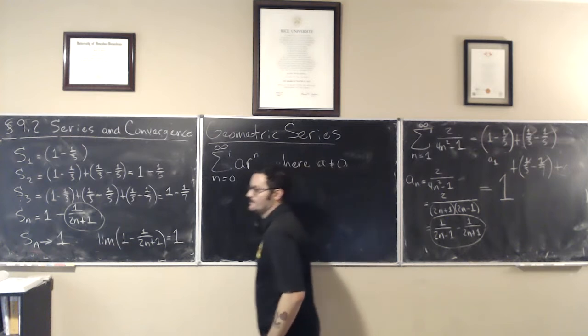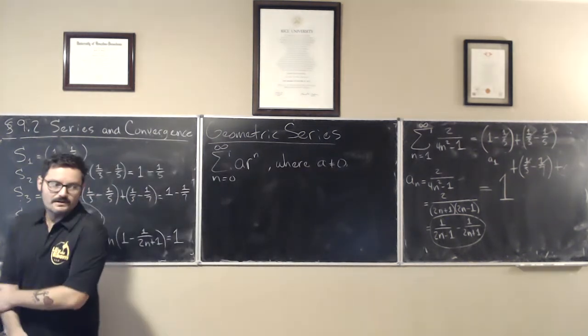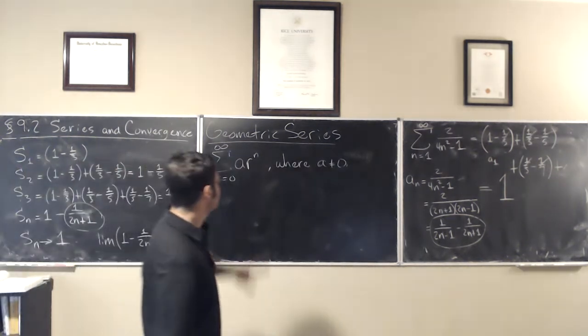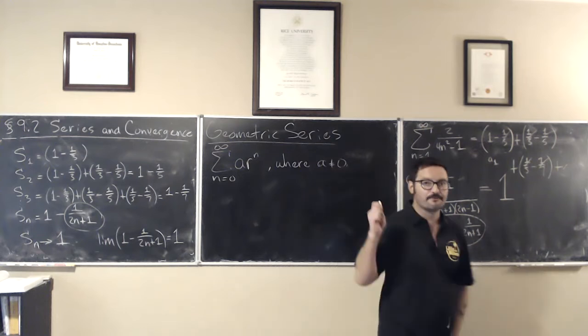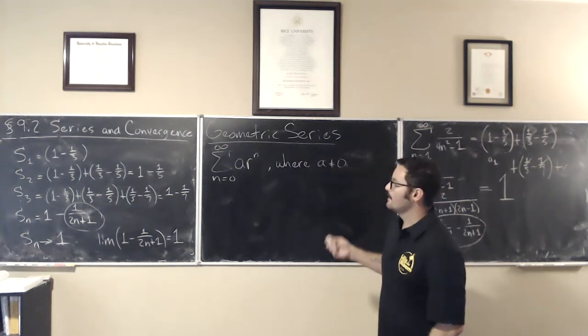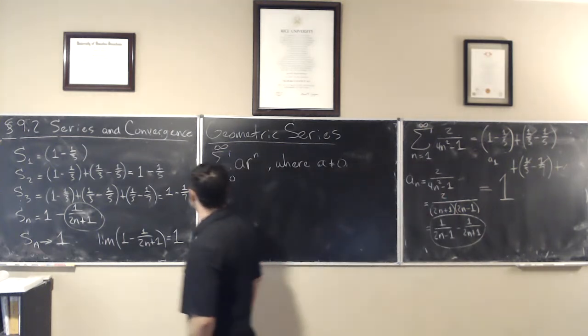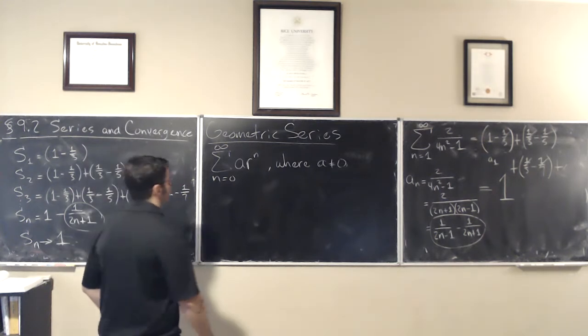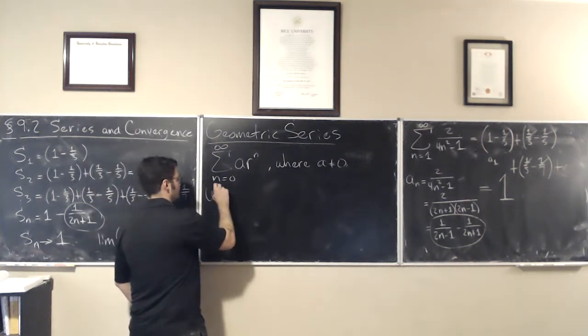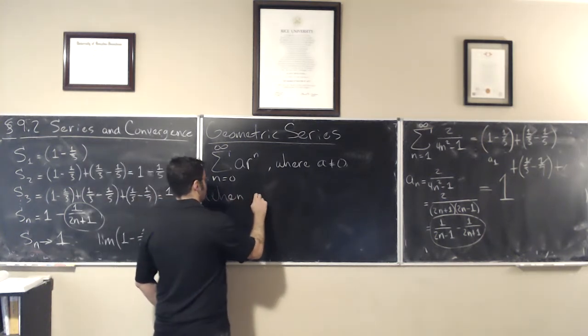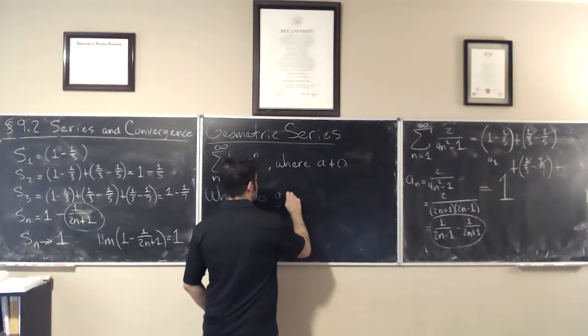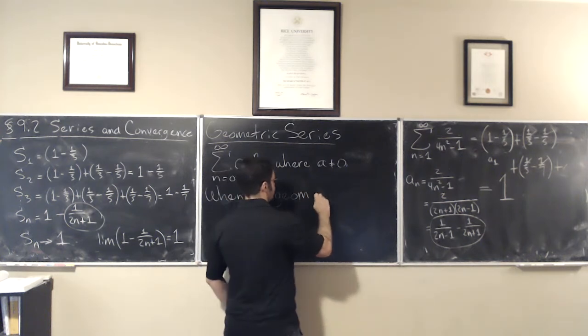But geometric series are special because there's an actual formula that we can derive for the convergence of geometric series. So we can ask the question, when do geometric series converge?